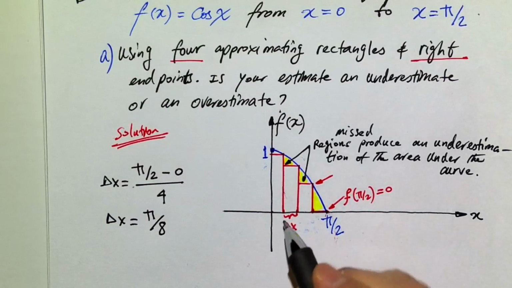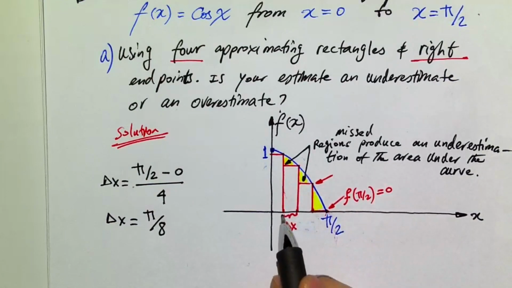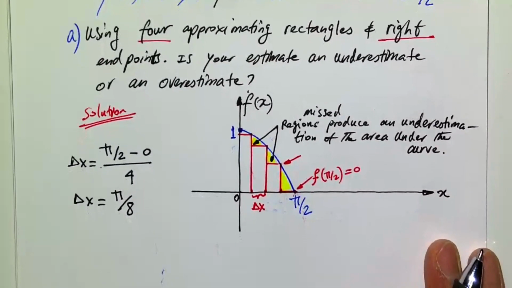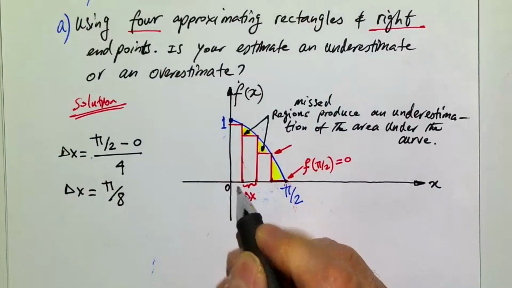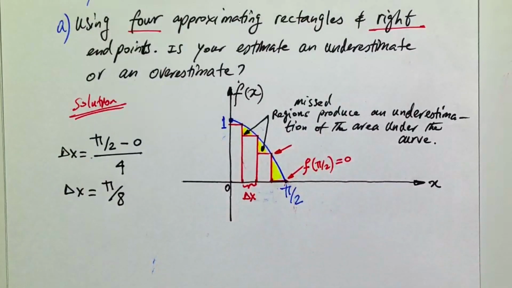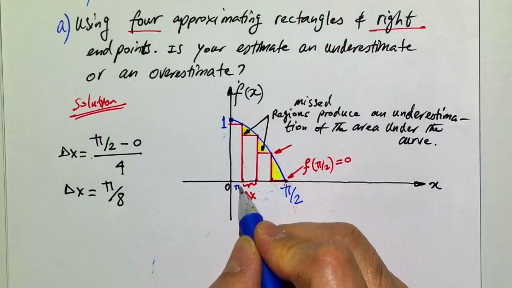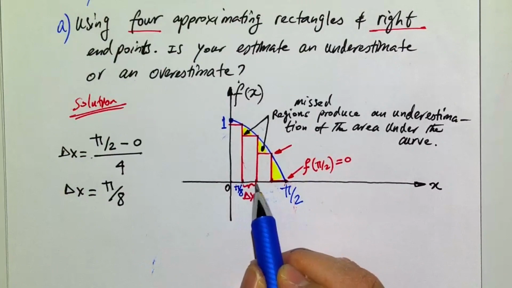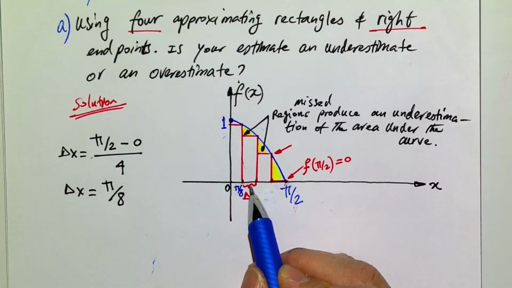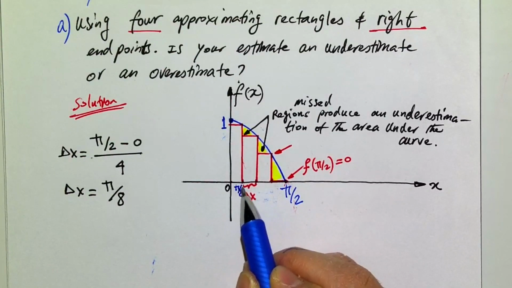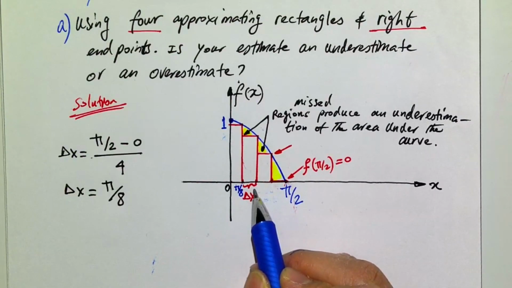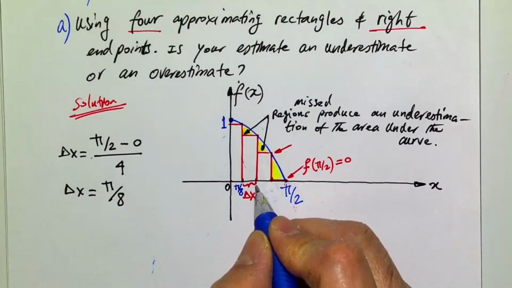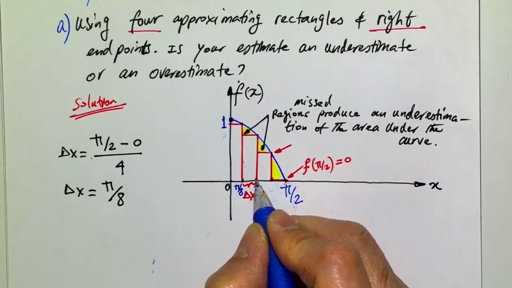So that way, then, we know that this is 0. And this here is pi over 8. I don't know how small I can write this, but this one here is pi over 8. Then from here to here is another pi over 8. So from the beginning, we have pi over 8 plus pi over 8, or pi over 4, right? Because it would be 2 pi over 8, which is pi over 4. That's that point.